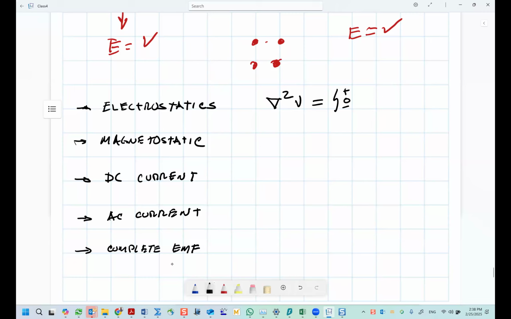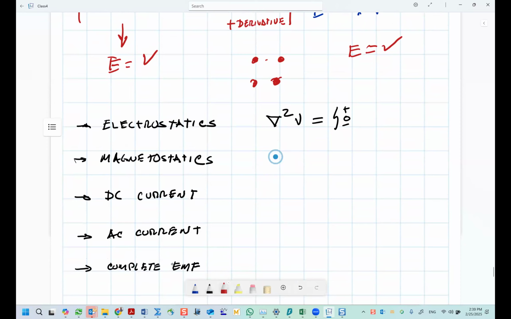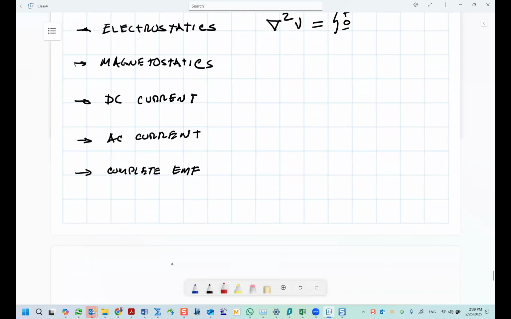In magnetostatics, for example, magnetostatics will tell you that you have, so let me do it independently. So these are the ways in which the programs are divided.